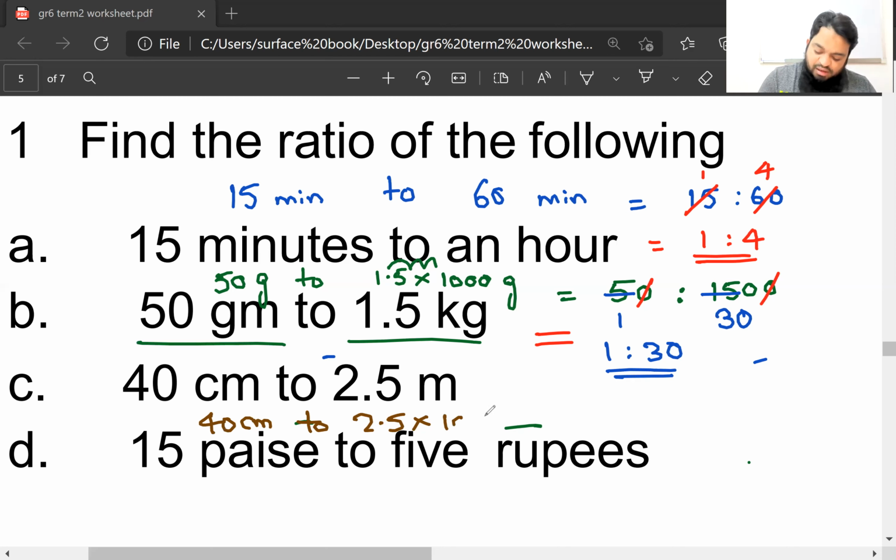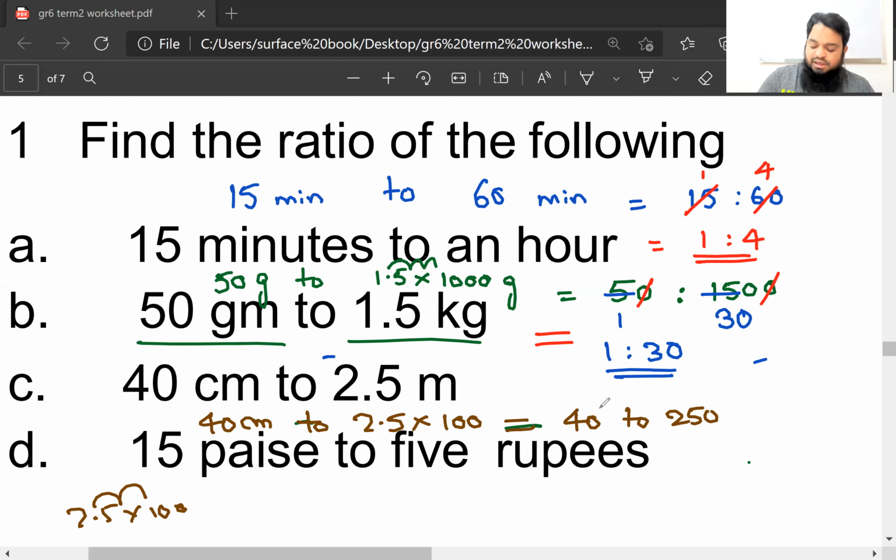So multiply with 100. This becomes 40 to 2.5 multiplied by 100. Whenever you multiply with powers of 10, the decimal place moves that many places. So it is 2 5 and then 0, that means 250.